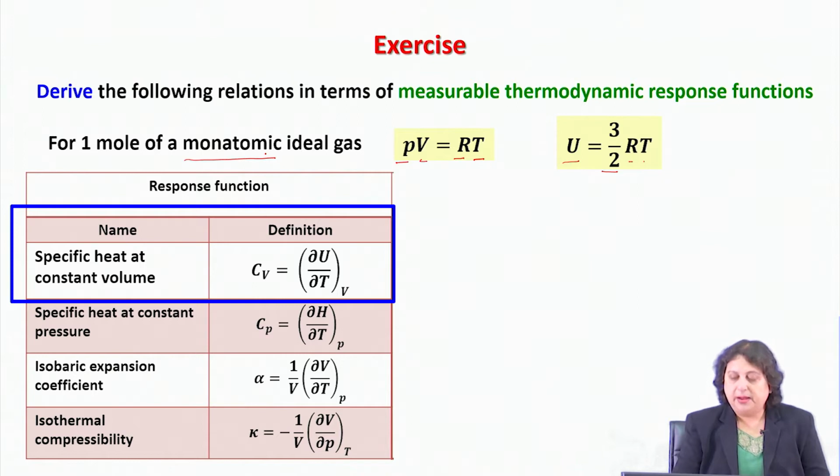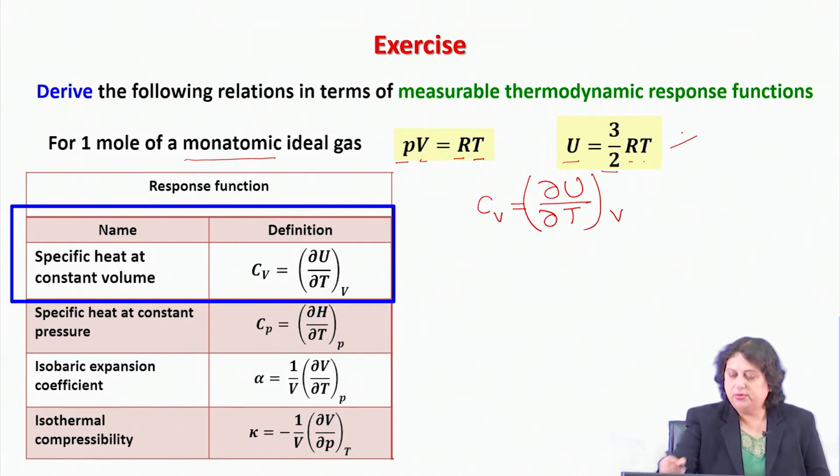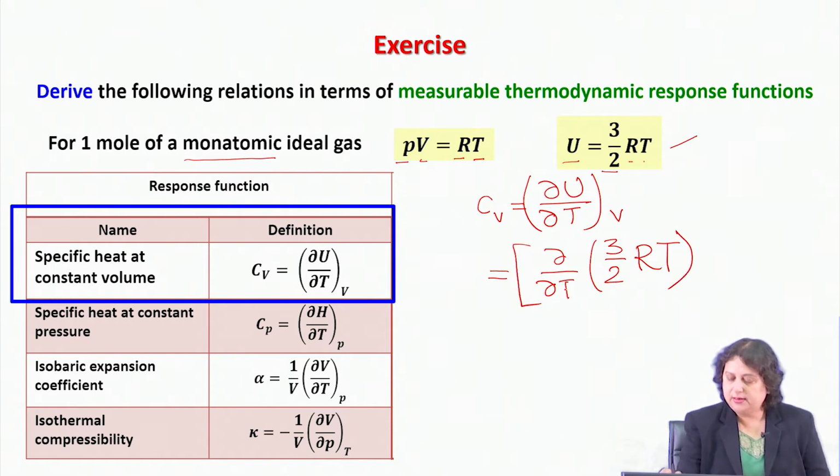Obviously, by definition, since Cv is (del U/del T) at constant V, and I already know what U is, therefore I can write this as del/del T of 3/2 RT under constant volume.